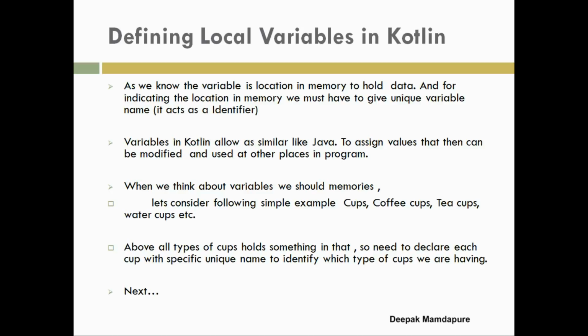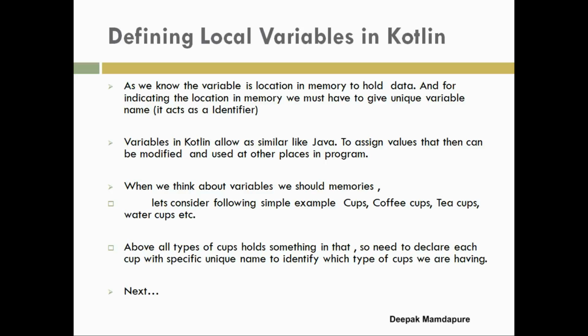In real life, the coffee cup, tea cup and water cup hold something, right? The same thing happens in programming: a variable holds some data. Like a coffee cup holds coffee, a tea cup holds tea, and a water cup holds water. So what we saw here is what a variable is and an example of it.